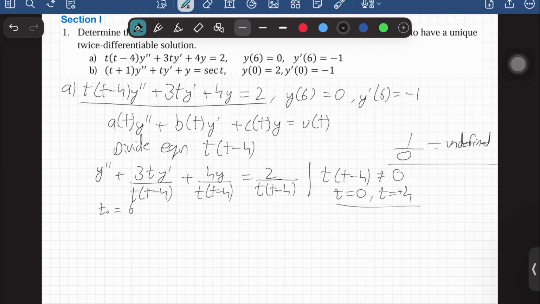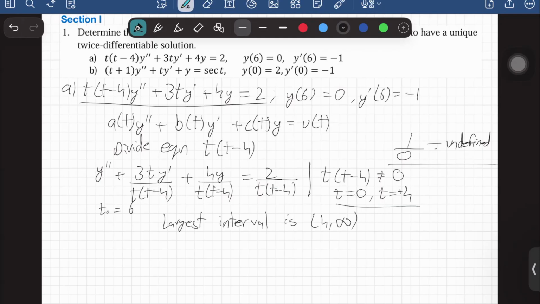So the largest interval which contains 6 is from 4 to infinity. So I'll just write the largest interval is 4 to infinity. Pay attention to these brackets, because these are round brackets, right?